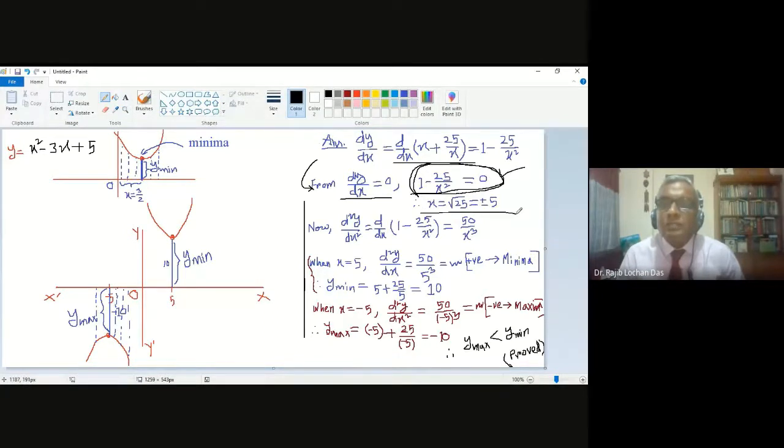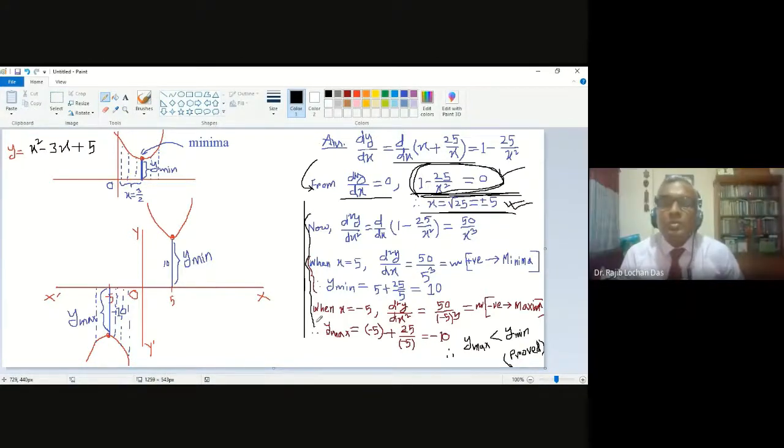But if the function is with sin x, cos x, ln x, this type of thing, you cannot really find the x value. It is not possible, or it will be very, very hard to find the x value here. So if you cannot find the x value, then what is the point of progressing with other steps?